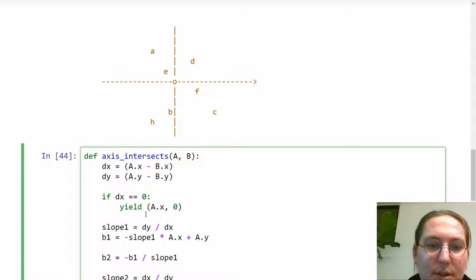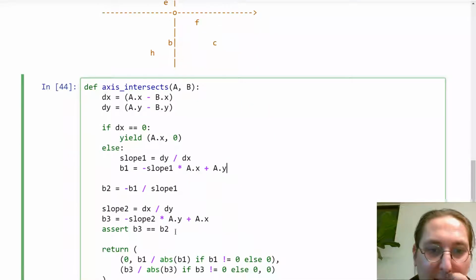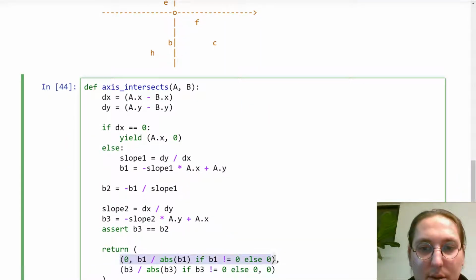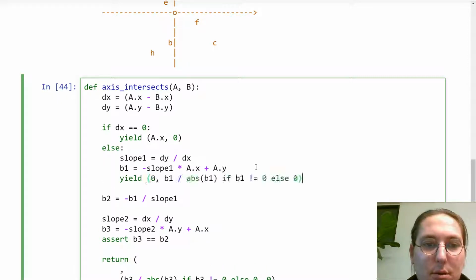And if it is not, we can go forth and do the calculation and yield a set tuple. You also have the case when it's a horizontal line, and in this case this will be 0.